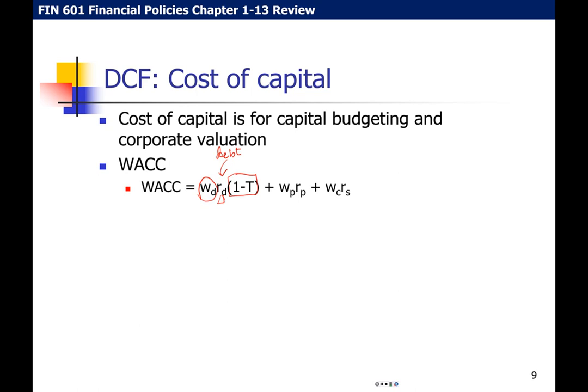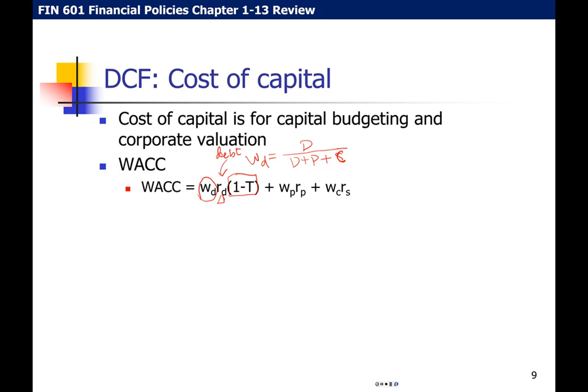How do you compute the weight of debt? It's the amount of debt divided by total assets, which is typically the combined amount of debt, preferred stock, and common stock. This is the weight of debt.